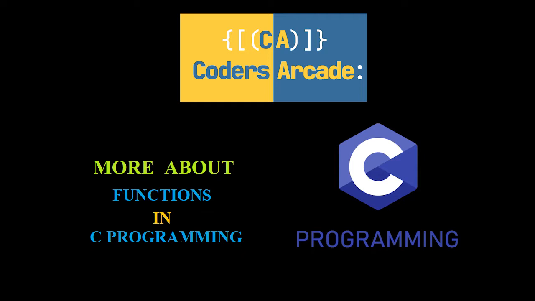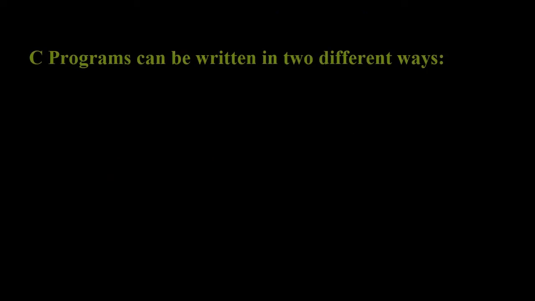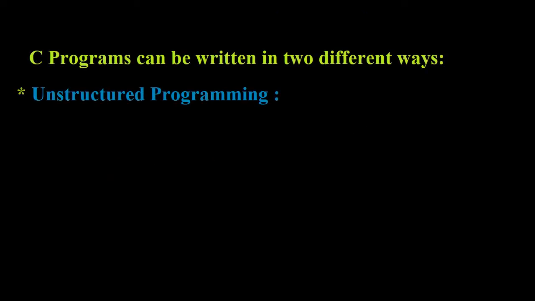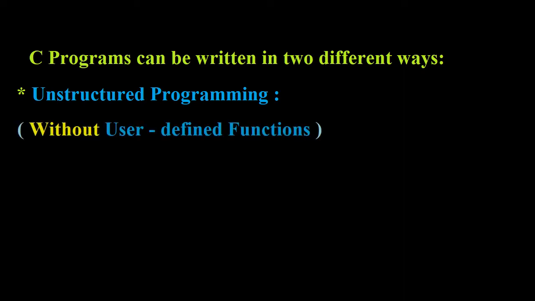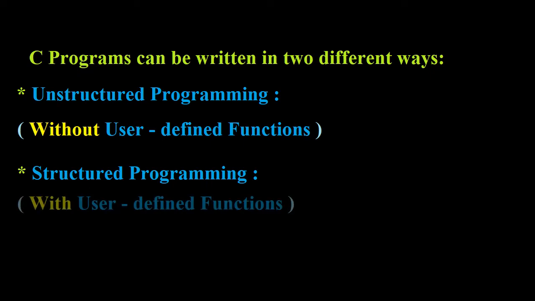So as I told in my earlier section, C programs can be written in two ways. The two ways are unstructured programming, or you can say which do not use user defined functions, or the second one is structured programming, which can be said they use user defined functions.